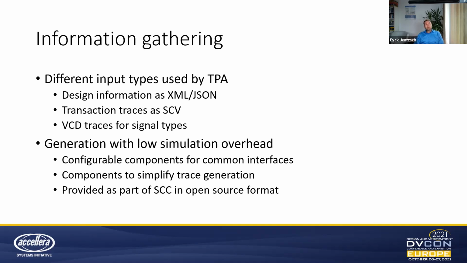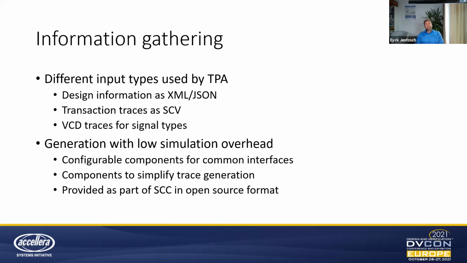On top, we often see the need, even though it is a little bit more optional, to get some more information about the design. This is what I mean here by design information in XML or JSON format. We highly recommend sticking to well-formatted types like XML or JSON. What you describe in this XML or JSON is basically up to you or an IP provider.